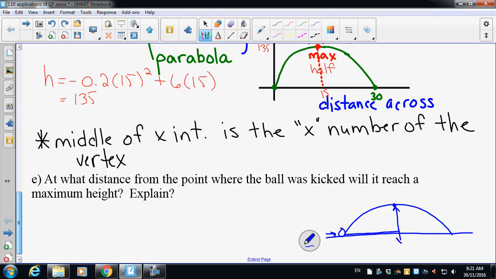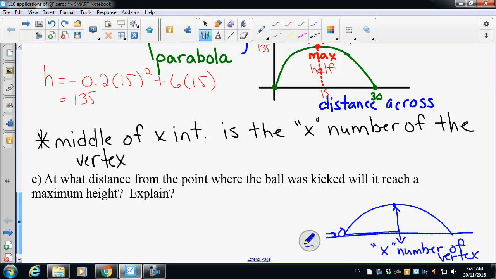So really, it's asking for the x number of your vertex. So word problems are really just a matter of interpreting what the question is asking you and relating it to the math that we know: the vertex, the y-intercepts, the x-intercepts, the maximums, the minimums.